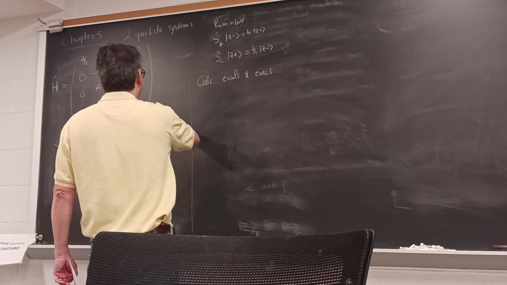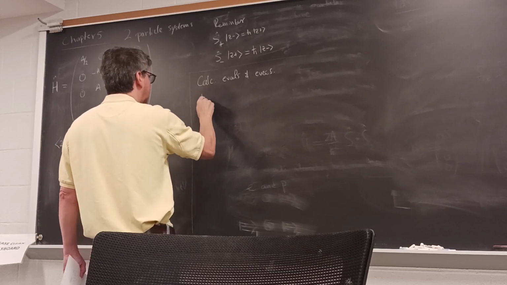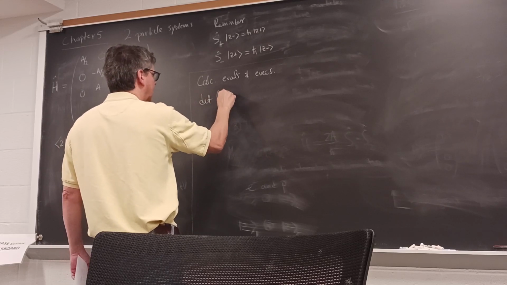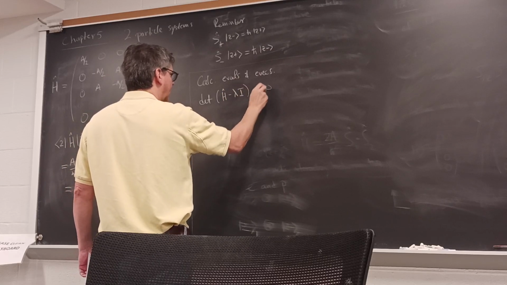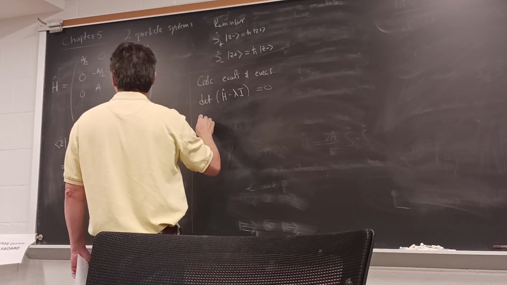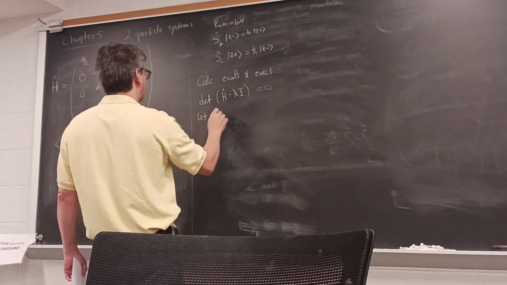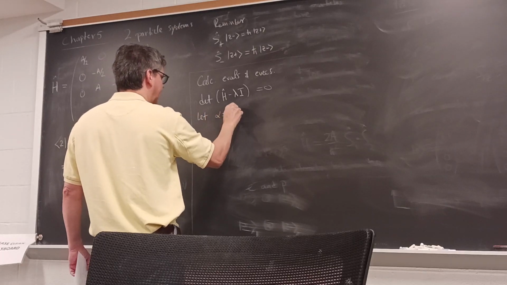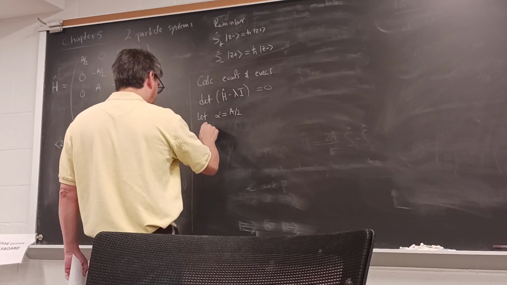So I need the determinant of H minus lambda times the identity, right? To get the equation in lambda that we need. Let's let alpha equal A over 2, so I don't have to deal with the factors of 2.